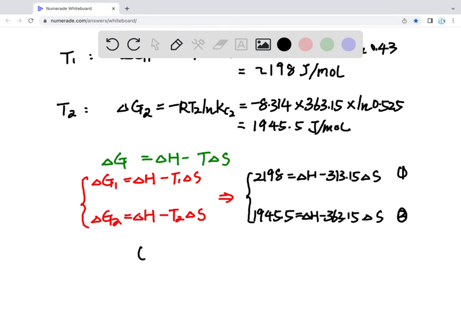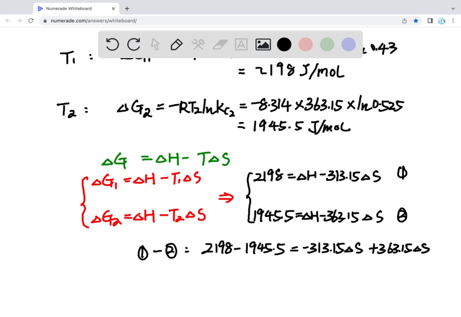So if we use equation 1 minus equation 2, what we get is 2198 minus 1945.5 equals minus 313.15 delta S plus 363.15 delta S. So let's do the calculation.